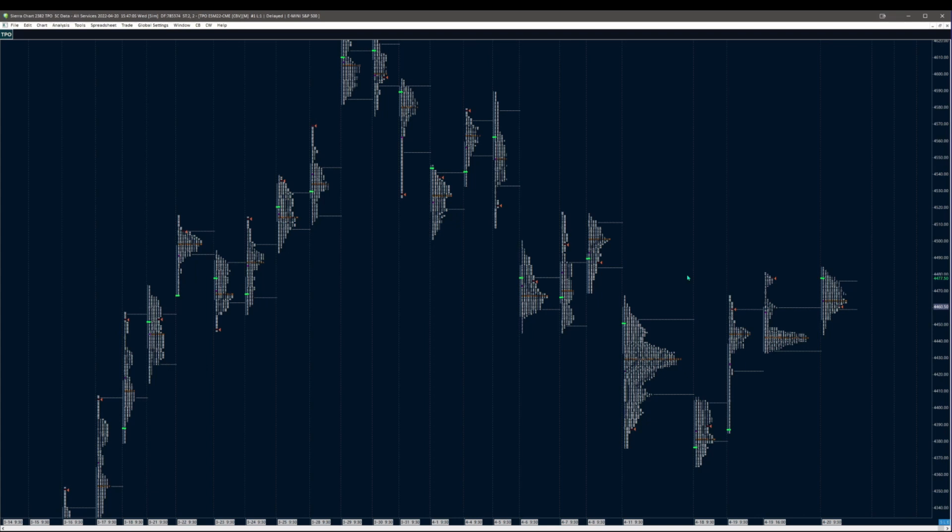So we go from balance to imbalance, back to balance. We test, digest, and move on to another imbalance. Over and over again. This is the cycle that markets participate in.